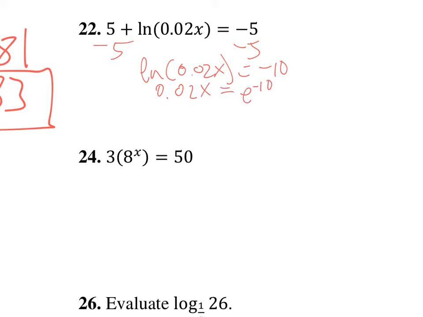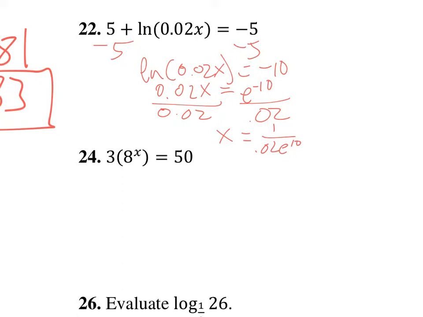Okay? And now let's divide this by 0.02. And so x equals e to the negative 10 over 0.02. We could drop that down to the bottom, and say 1 over 0.02 e to the 10th.